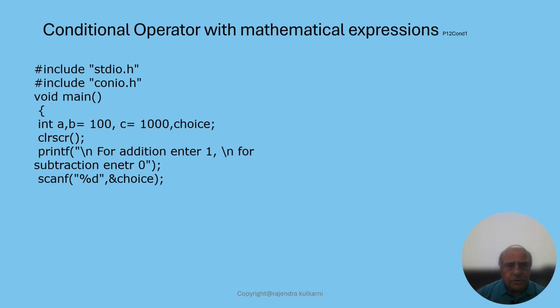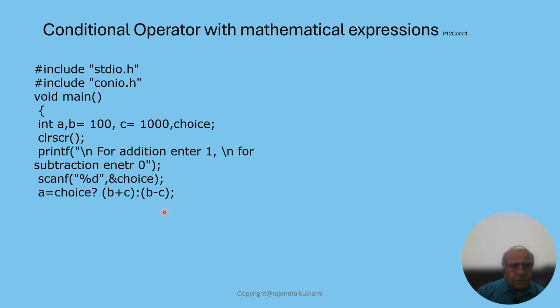Then we are asking the user to enter his choice, 1 for addition, 0 for subtraction. As per the user's choice, A equals choice question mark B plus C colon B minus C, this is our expression with the conditional operator.